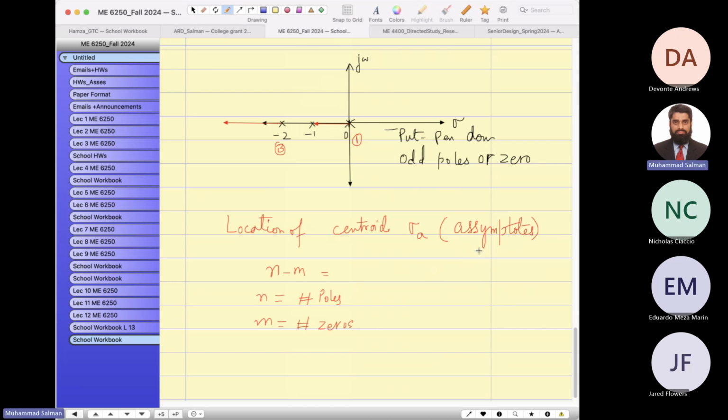In this case, there is no zero, but there are three poles. So we have three asymptotes, the number of asymptotes.